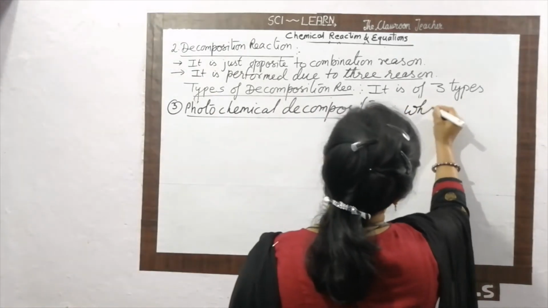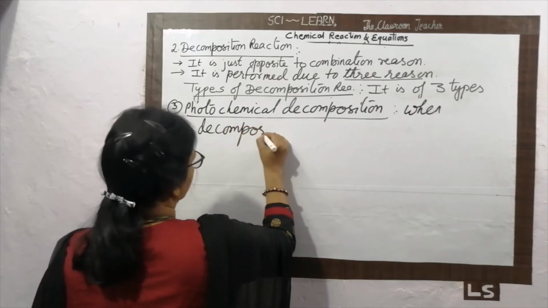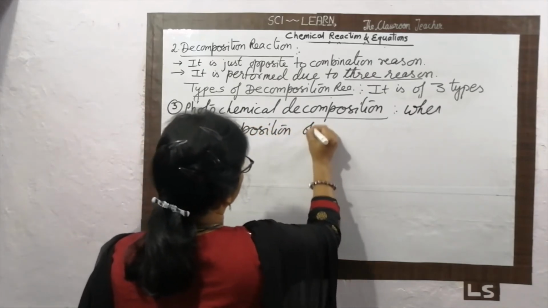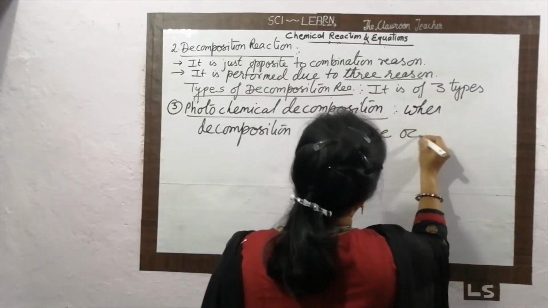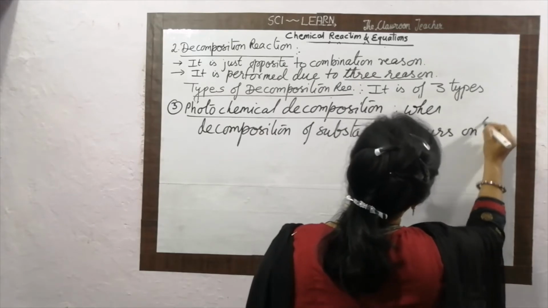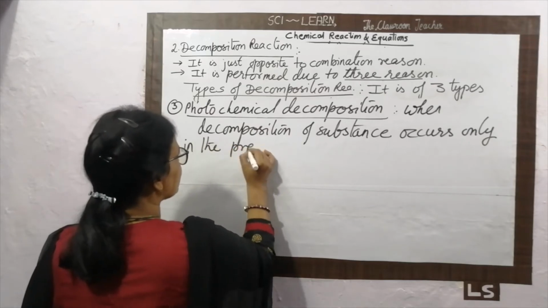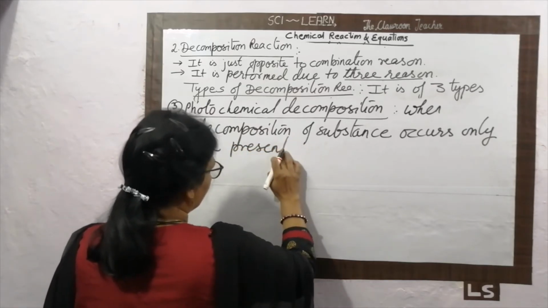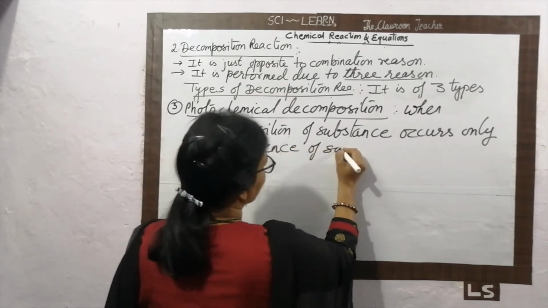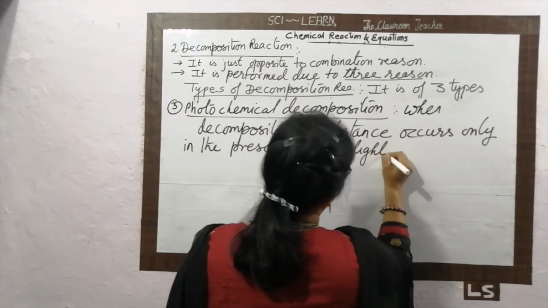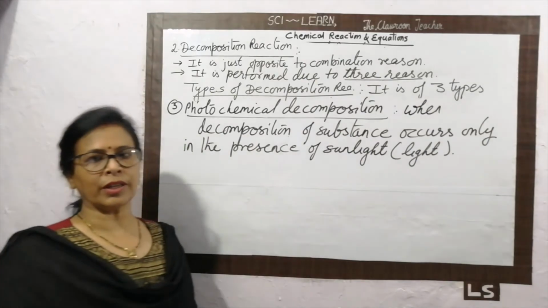When decomposition of substance occurs only in the presence of light. Actually, when we talk about the light, it is actually the sunlight. In the presence of sunlight, that is the primary source of light, then the reaction is called the photochemical reaction.